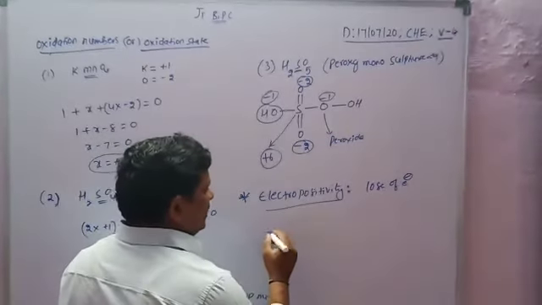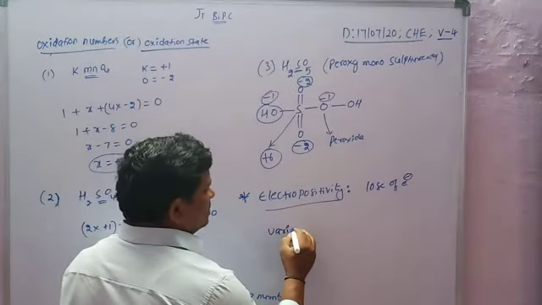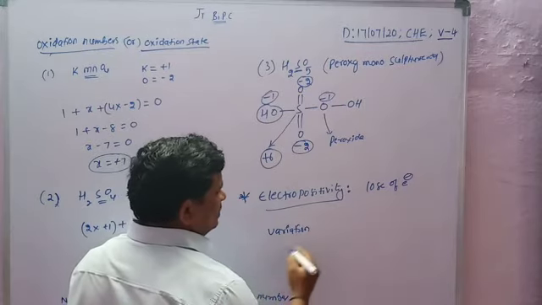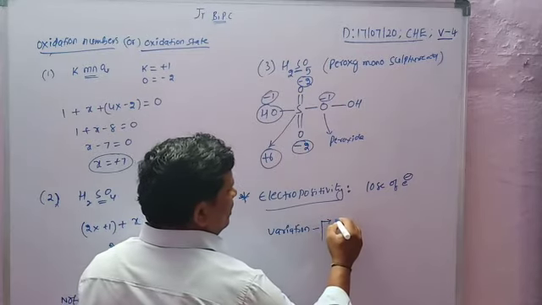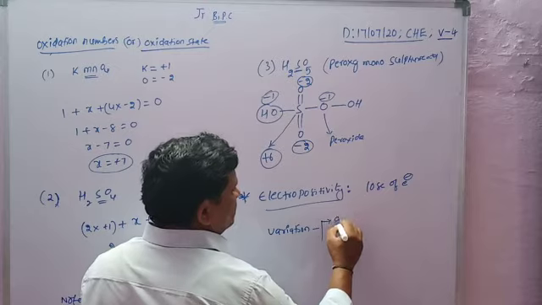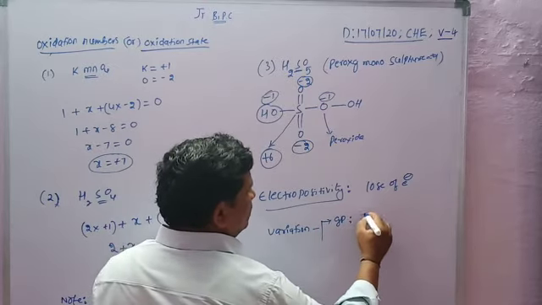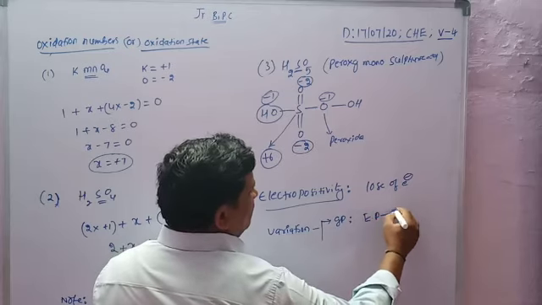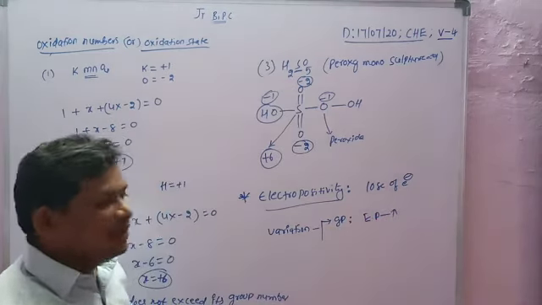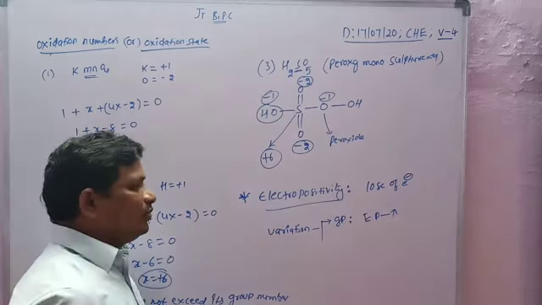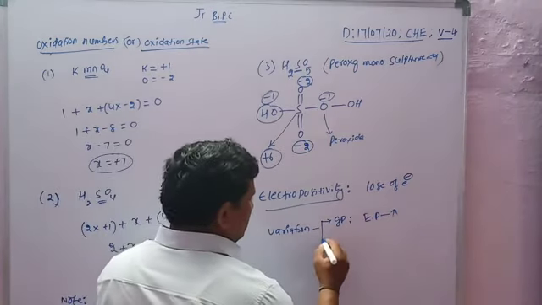Now the variation of electropositivity in groups: from top to bottom, electropositivity increases, because size increases.